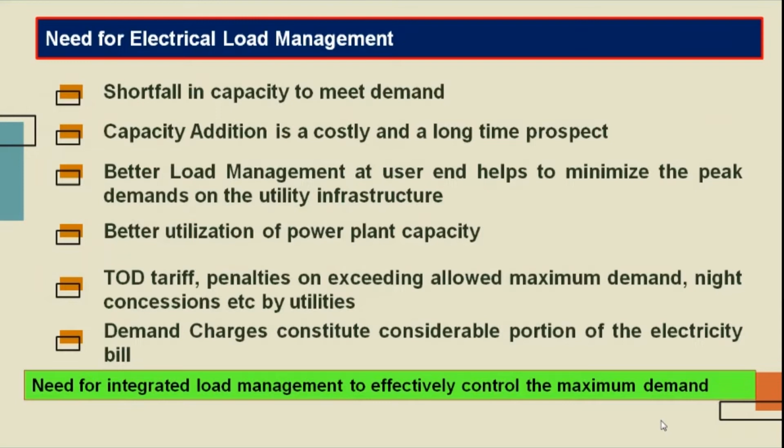And whenever we require power, every time it's not possible for us to install new power plants. In order to meet this shortfall in capacity, there has to be some management on the load side as well. Like you all know, peak and off-peak periods. These are all practiced nowadays.